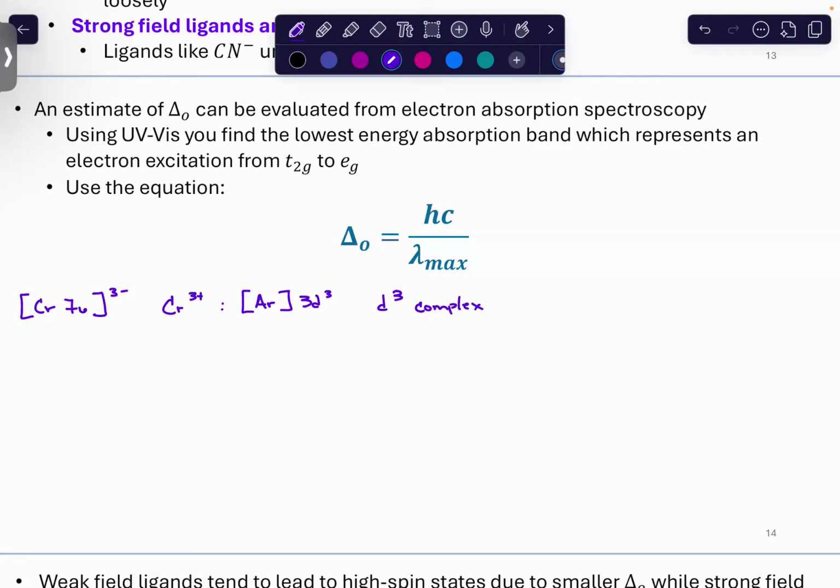Now, when you're looking at UV-Vis data, I want you to tell me what this is. Your delta O is going to be compared to... you've seen that before. I know you have.